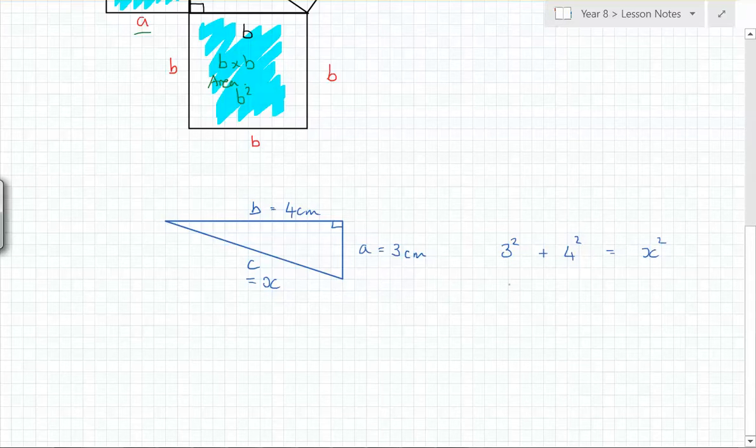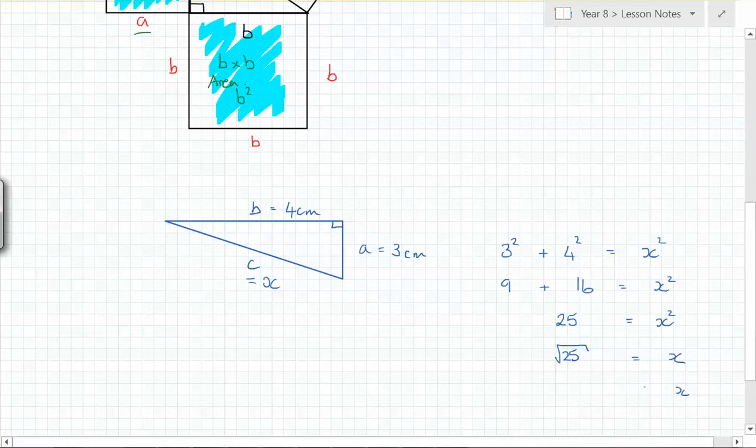So we get 9 plus 16, and that equals x squared. Therefore, 25 equals x squared, which means the square root of 25 equals x, which in this case is 5. And that leads us to one of the most well-known right-angled triangles, the 3, 4, 5 triangle.